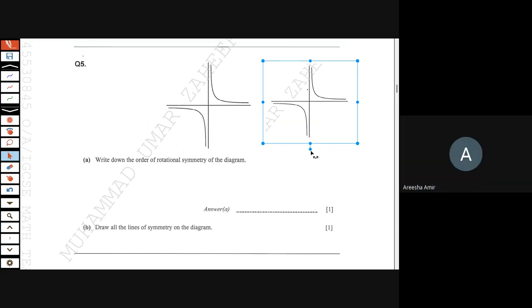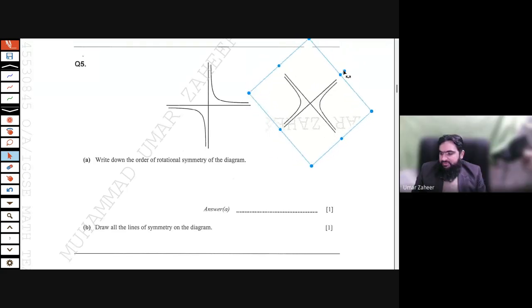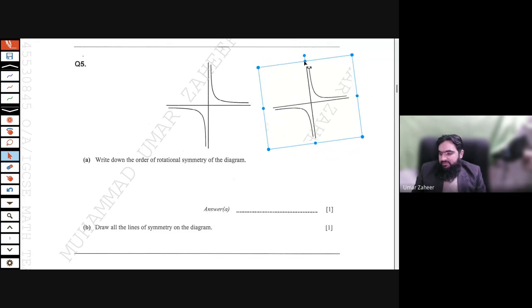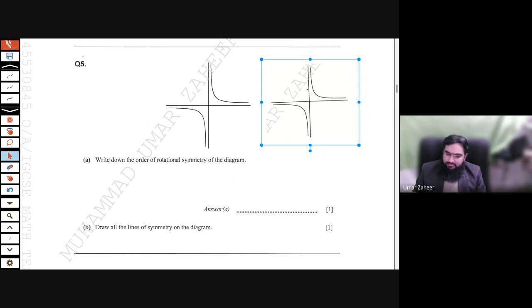So it's 2. Let's try to rotate it. Not the same. Here it is going to be the same, 1 and back. So the total is going to be 2.